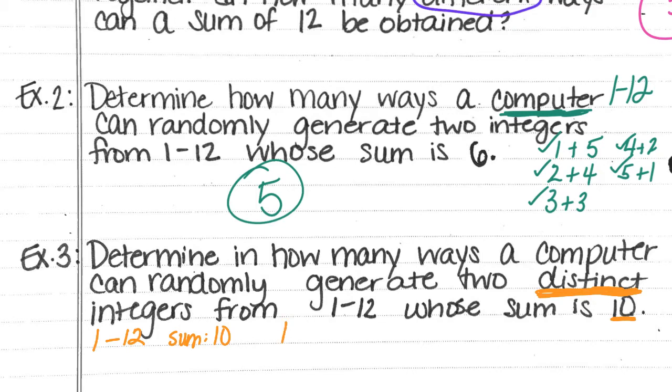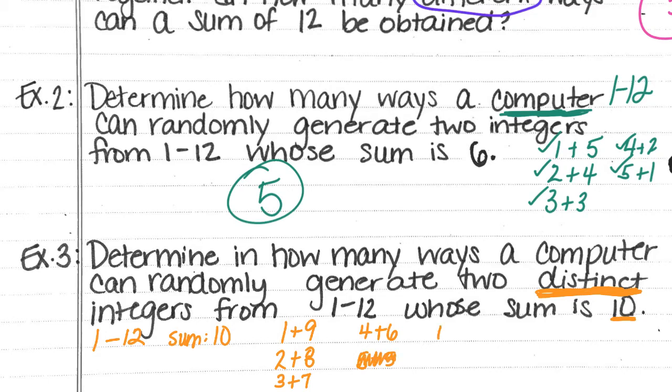Can we get 1 and 9? Yes. Can we get 2 and 8? For sure. 3 and 7. 4 and 6. Can we do 5 and 5 if we need distinct integers? No, we can't do that.